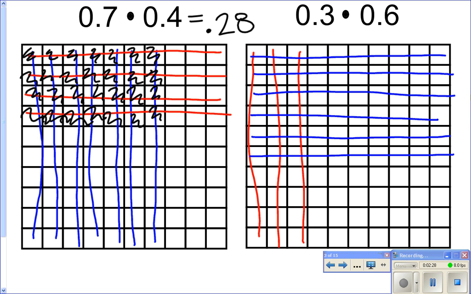Now we're going to count how many squares have both red and blue. There's 18. So 18 out of 100 squares are colored in both colors.